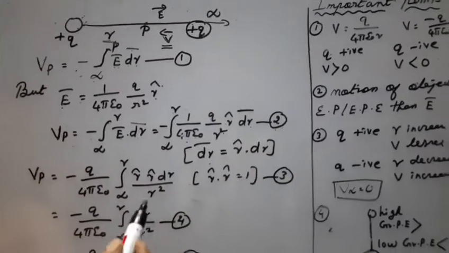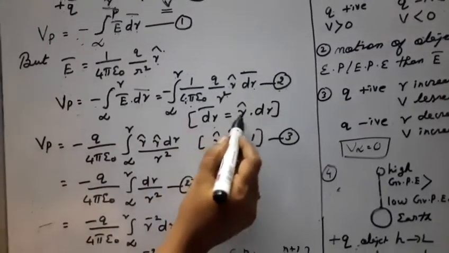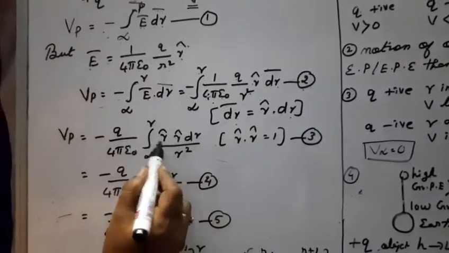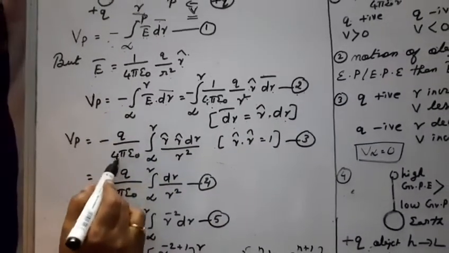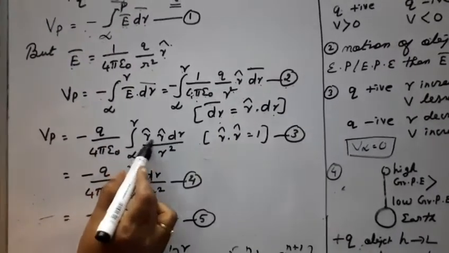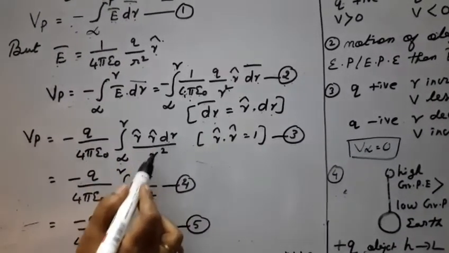Here dr vector we can write as r cap into dr. So substituting, Vp equals minus q divided by 4 pi epsilon naught integral from infinity to r of r cap dot r cap into dr divided by r square.